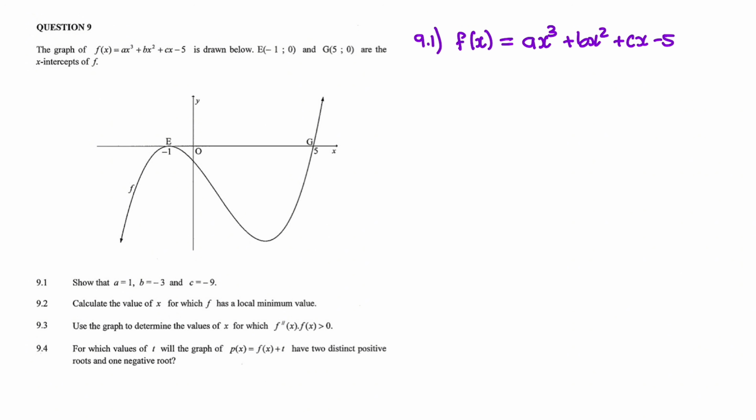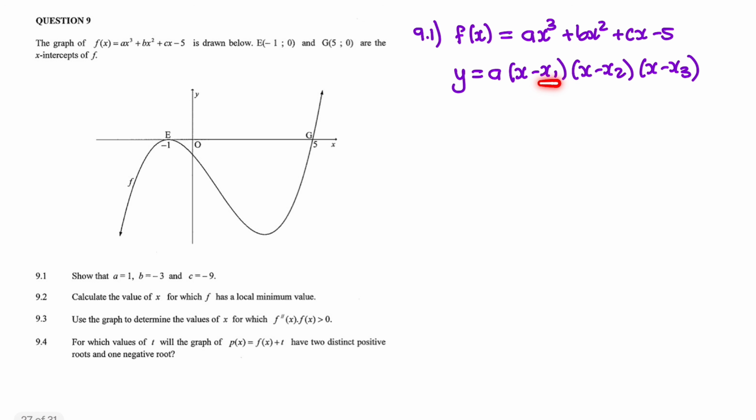What I know is that I can rewrite the equation of this cubic function as a times (x - x1) times (x - x2) times (x - x3), where x1, x2 and x3 represent the intercepts with the x-axis. Now you would notice that I have 3 values that I consider, but in this graph I only have 2 x-intercepts. That means that one of the x-intercepts repeats.